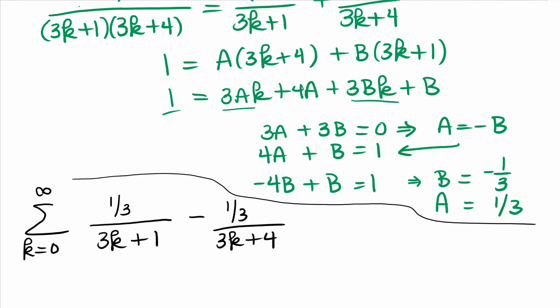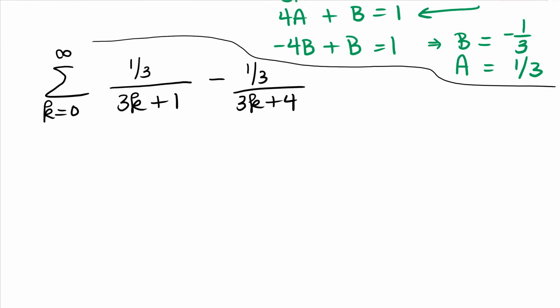I want to look at these terms and see if, as a telescoping series, everything kind of cancels out really nicely. That's what should happen. And I could even, if I wanted to, go ahead and factor out a 1/3 there.